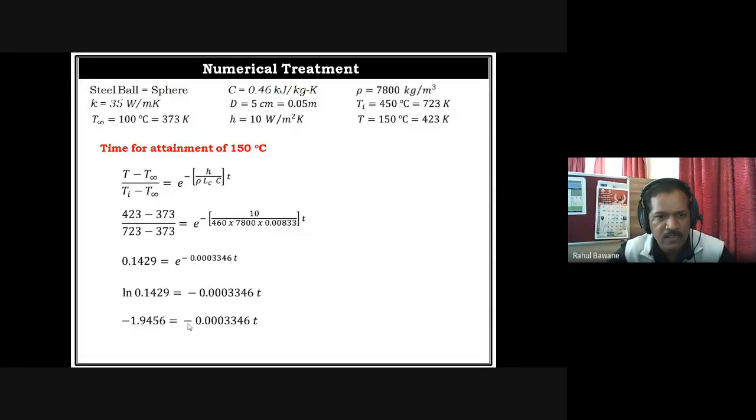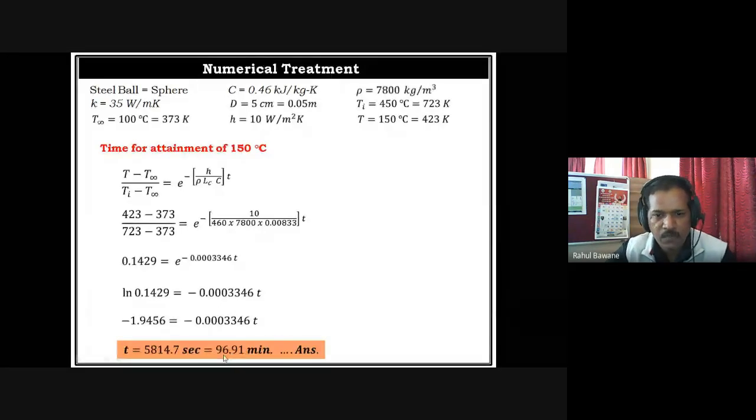Both sides have a negative term, so definitely it is going to get cancelled. So ultimately time, and this t is in the basic unit, and the basic unit for time is second. So the answer will be in seconds. Afterwards we can convert into minutes or hours also. So t is 5814.7 seconds, and if I convert into minutes, it is 96.91 minutes.